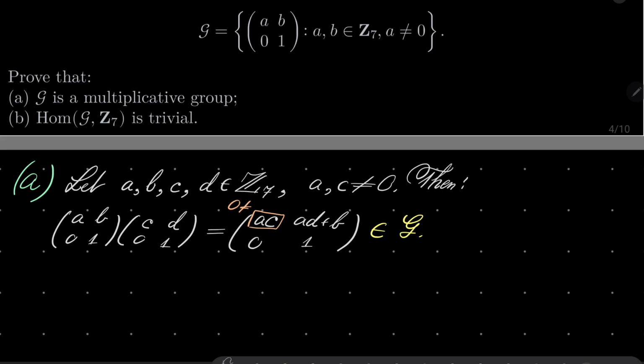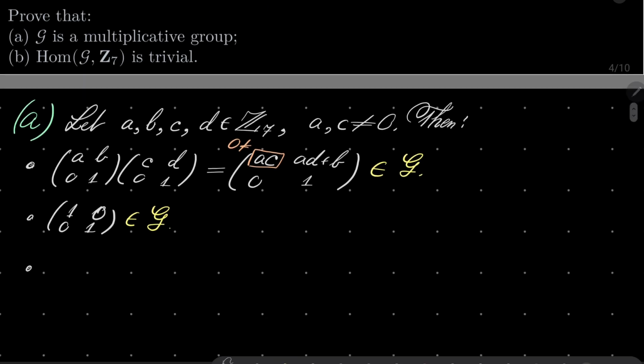What else we wish to show? Well, obviously, the identity matrix is in G. It's obvious that it is. And the last thing, we wish to show that there is actually an inverse of every matrix. And this part right here is very telling about what the inverse of a matrix should be.